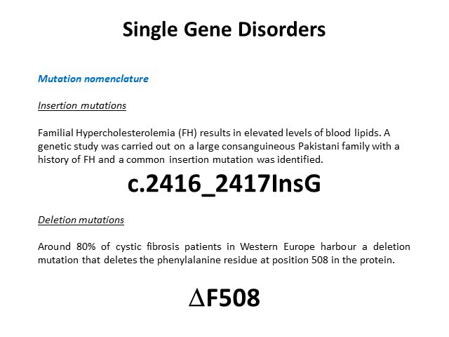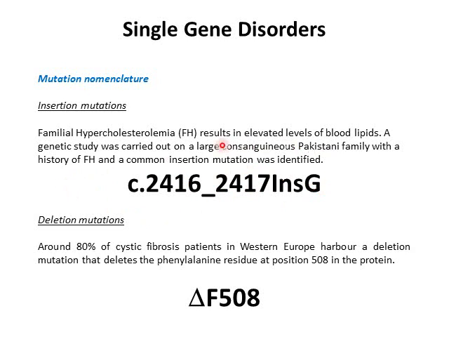And what was found is that these families often had the same common insertion mutation present. And this mutation is written out thus. So this is C, which stands for the coding region of the gene, 2416, 2417, insG.